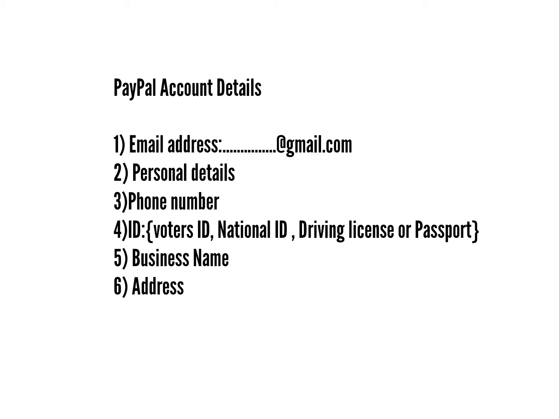The fifth one, you're going to need a business name, because the platform is used for online business, buying and selling. That's the platform where you can transfer money to the company, or receive money from a customer. So you have to get a business name. And the sixth one, you have to get the addresses, maybe the street address, the business address, where it is located, and other stuff. So that's it.